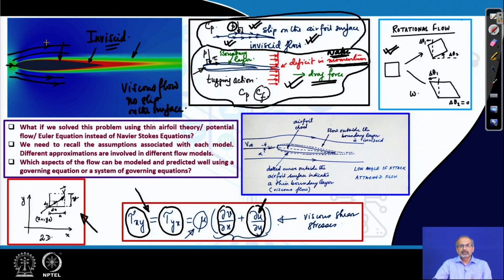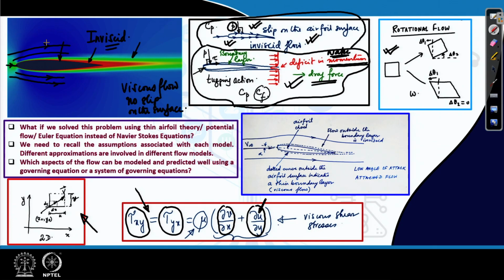So, we will discuss these aspects further in the upcoming lectures, and therefore, our approach of looking at computational aerodynamics or fluid dynamics would be to see how far our theoretical knowledge can be rationally applied in order to understand computations better.